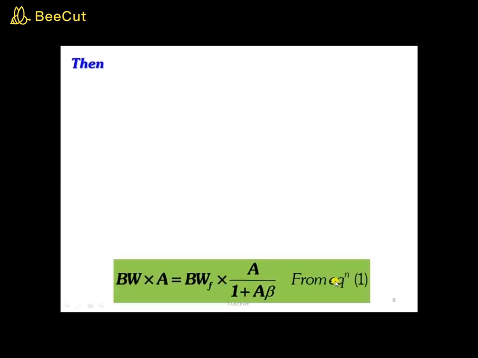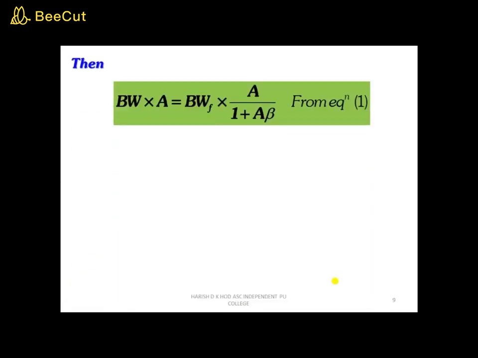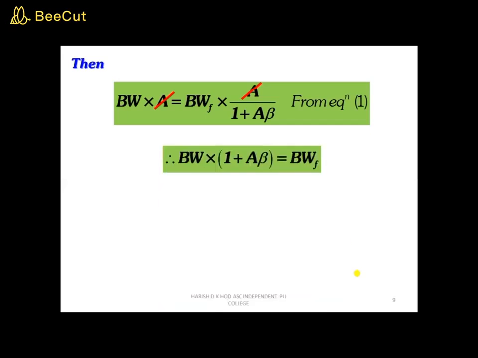Then I can write BW into A is equal to BWF into A divided by 1 plus A beta. Now I cancel A on both sides and cross multiply 1 plus A beta. Then I get BW into 1 plus A beta is equal to BWF. So we got the final expression, that is BWF is equal to BW into 1 plus A beta.